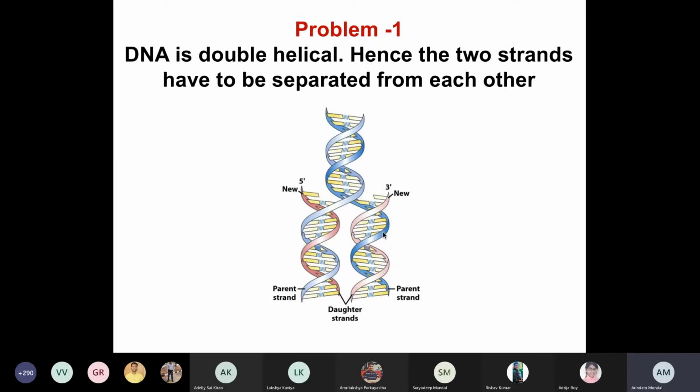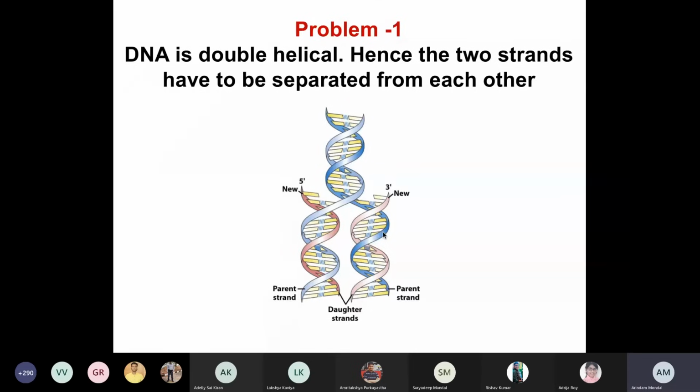Now, if you remember the melting curve that I showed you in the last class, you have to heat the DNA up to 70-80 degrees in order to completely denature the DNA, or completely separate the two DNA strands from each other. What does that mean? That means during the DNA replication process, you would have to raise your internal temperature to 80-90 degrees centigrade.